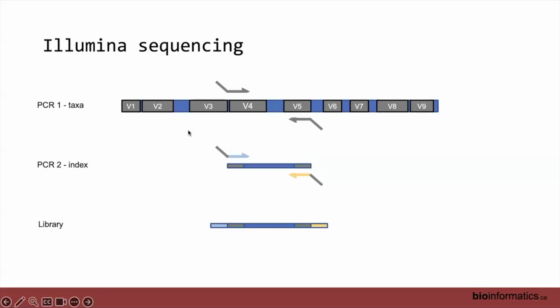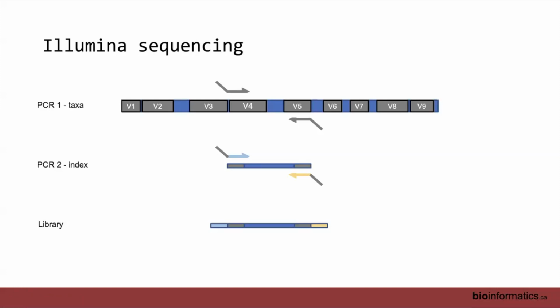And then we have a second round of PCR where we're attaching the indexes that Illumina is going to be looking for to sequence. And then when we have this final PCR product, the region of interest in this darker blue color in the middle, your taxon-specific PCR primers in the gray, and then the index primers in the blue and the yellow, all put together, we tend to call this a library.